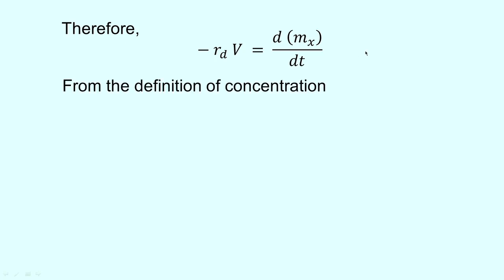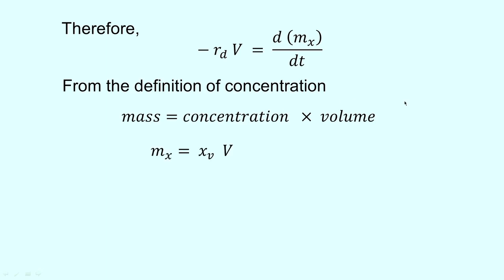Now, from the definition of concentration, mass is nothing but concentration times volume, or in other words, concentration is mass by volume, that is the definition. And therefore, m x, which we have here, is x v, the concentration of viable cells, into the volume.